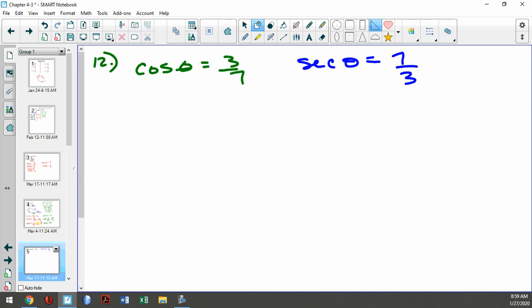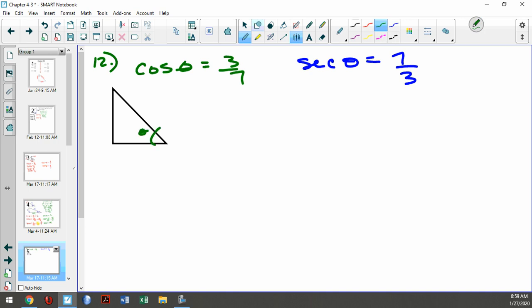Now I'm going to simply draw my triangle. My triangle is right here. I'm going to put theta in it. Here's theta. Adjacent over hypotenuse is going to be cosine. So adjacent's right there, which is 3. My hypotenuse is right there, which is 7. How do I find my other remaining side? Pythagorean theorem. So that's a squared plus b squared is equal to c squared.